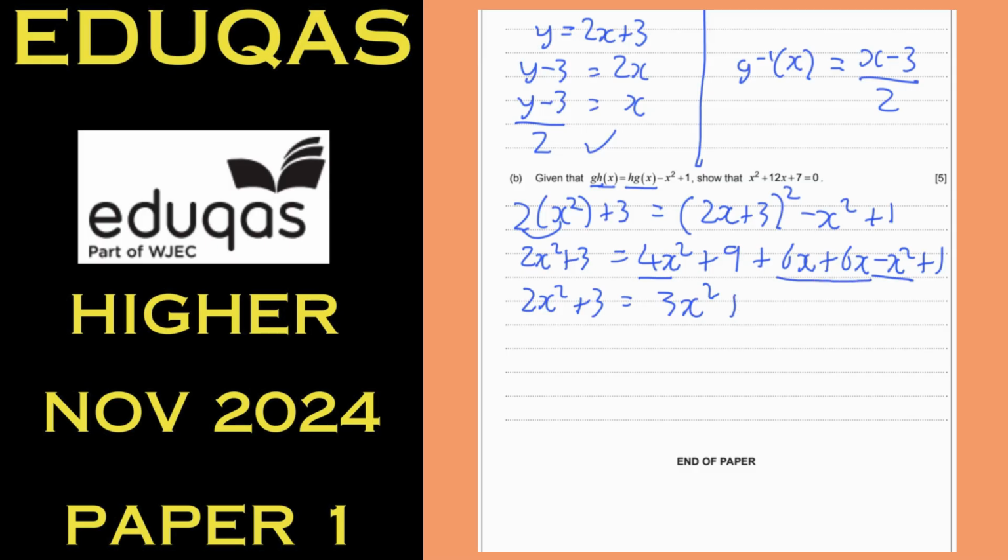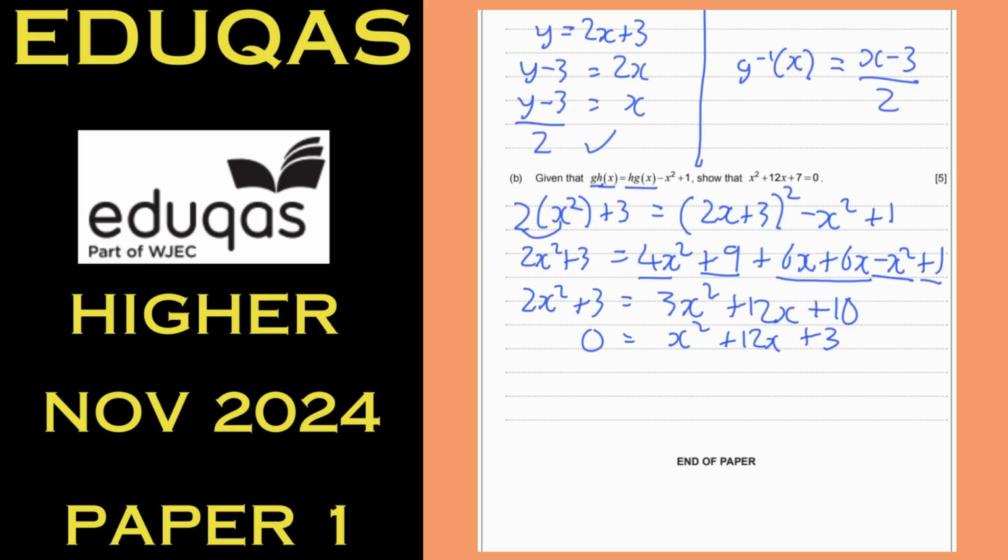We've then got 12x in total. And we have plus 10. To make it equal to 0, we need to subtract 2x from both sides, keeping one eye on the answer. We then leave the 12x alone because there's no others, subtract 3 from both sides, and we are indeed done.